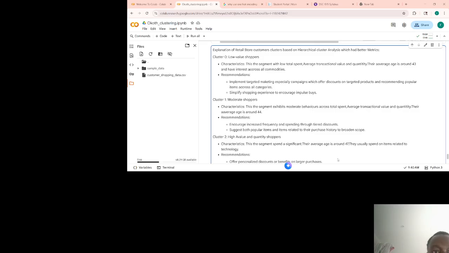We also encourage simplifying the shopping experience so that we can encourage impulse buys associated with the low category.